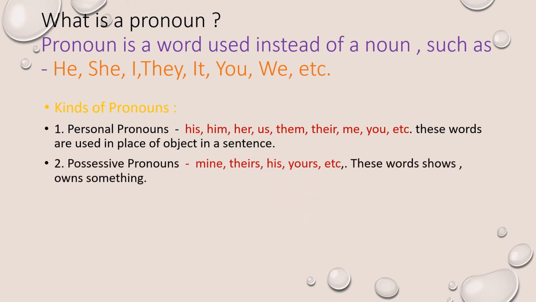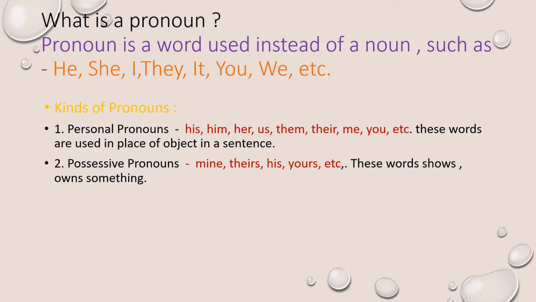Next, possessive pronouns. Possessive pronoun means it shows something own. Possessiveness in a word you can see. See, these are the words here given in a red letter: mine, theirs, his, yours, etc. These words show own. In a sentence, possessive pronoun you can look. Something own.